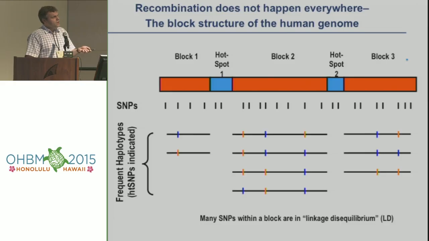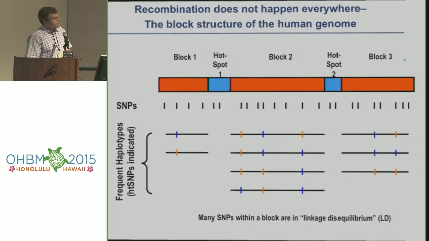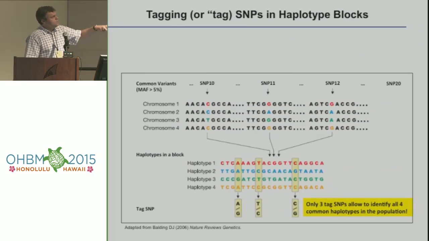You can identify the haplotypes that are present in the population by genotyping these particular SNPs, and they are called haplotype tagging SNPs. And this is a different view of that. A larger part of the chromosome forms a block, and you see there are quite a number of SNPs.